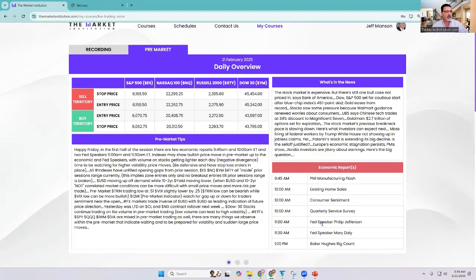What you're looking at here is our pre-market overview, our supply zones, our demand zones. We did have one on the Dow right here that triggered today, and we're sitting back waiting for that one to play out. I'll show you the picture in just a moment.